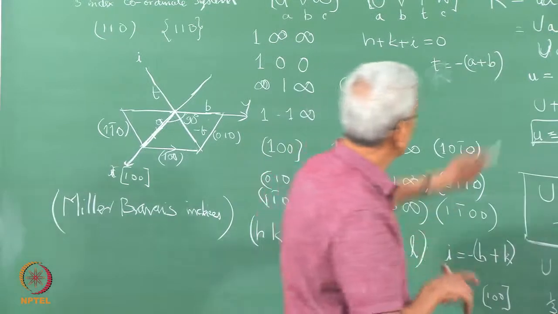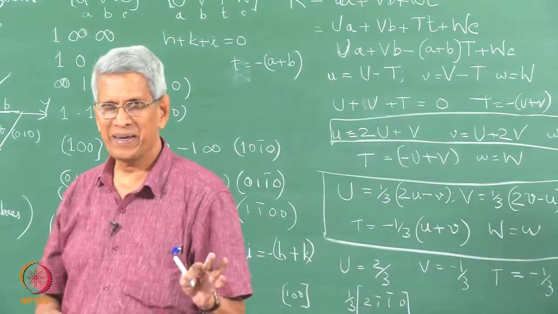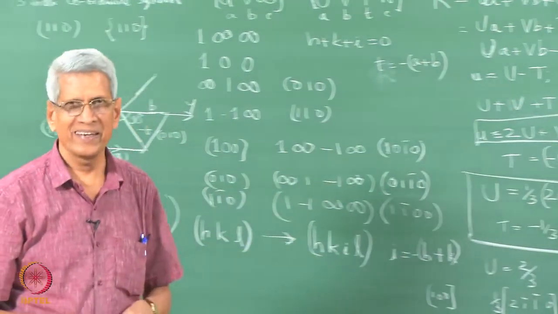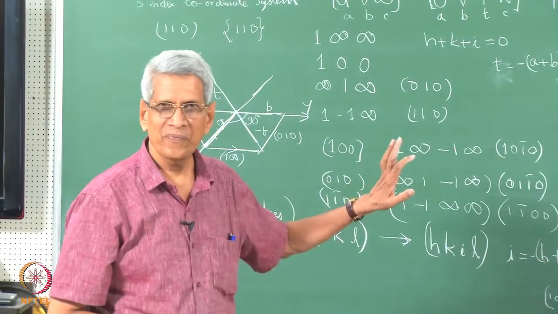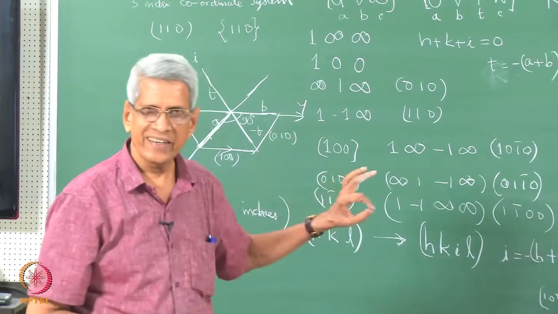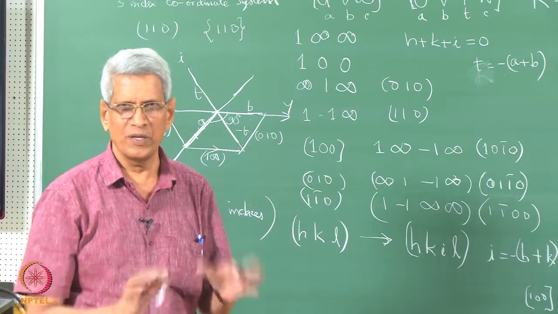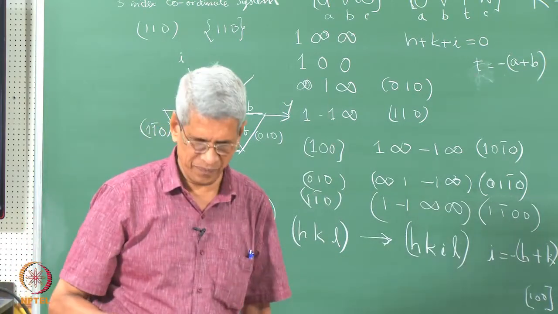So compared to planes, the indices change a lot. Using this method we can find the indices of directions in the 4 index system when we know the indices in the 3 index system. Is it clear?